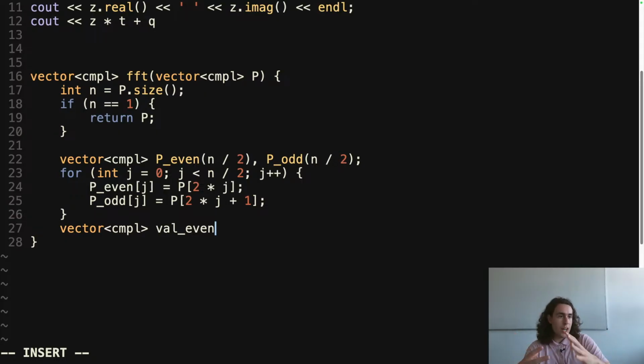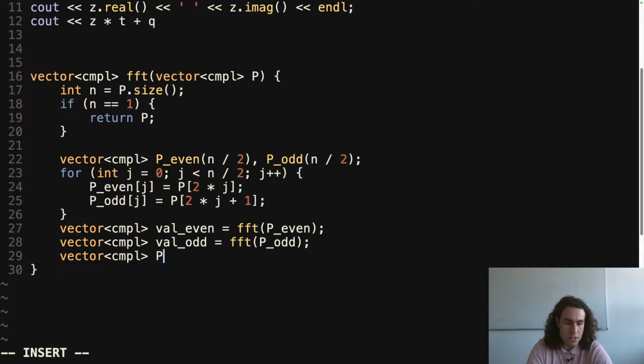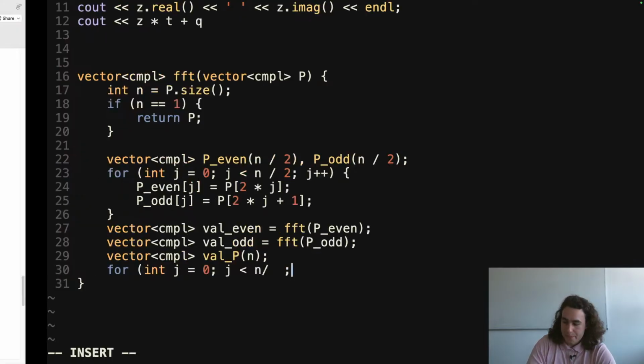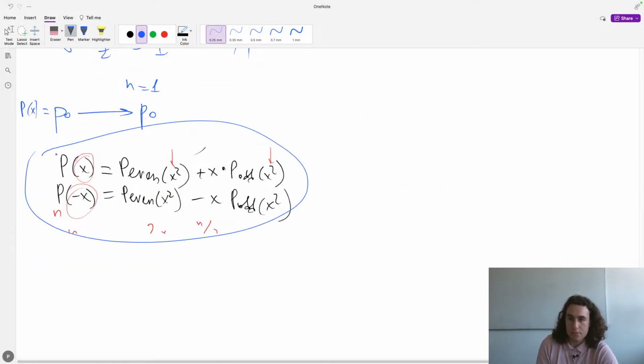If it's not a power of 2, I can just add 0 coefficients at the end. Val even is the FFT of p even, and val odd is the FFT of p odd. And now I need to combine them into the values of p. Let's call it val p of n. So we have this formula here, and we can use it, right?